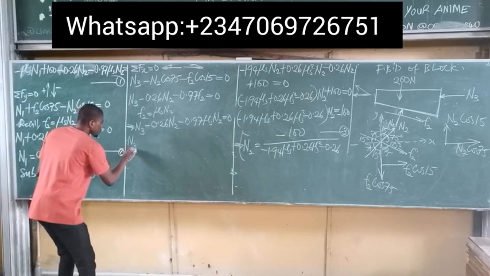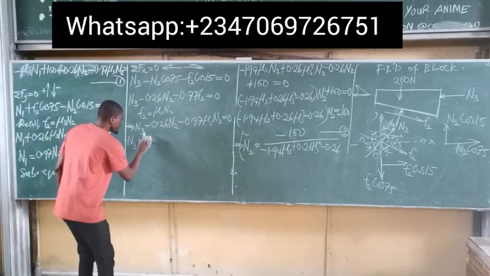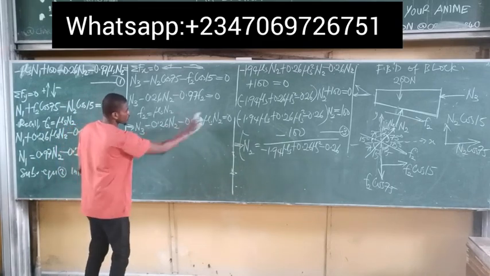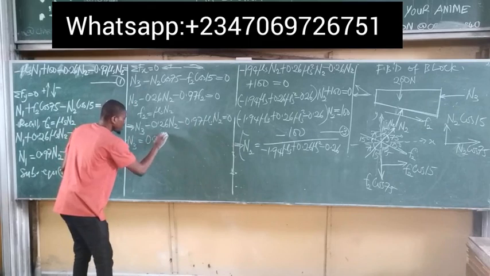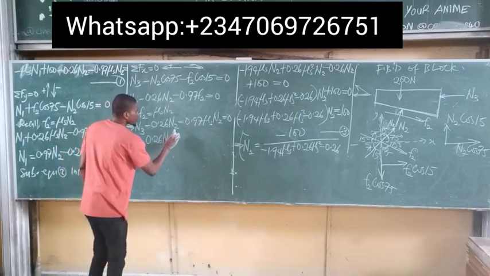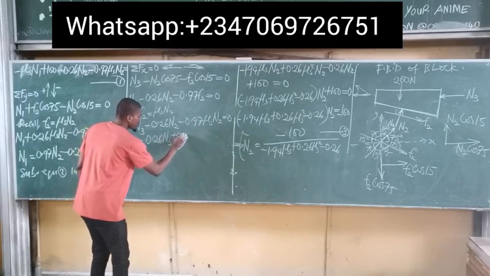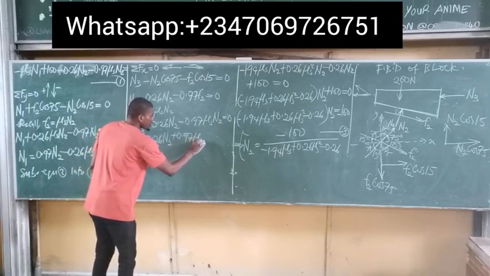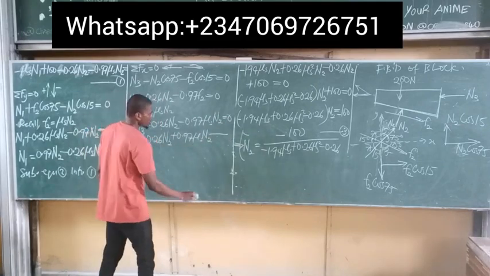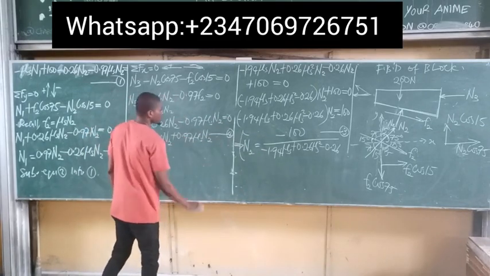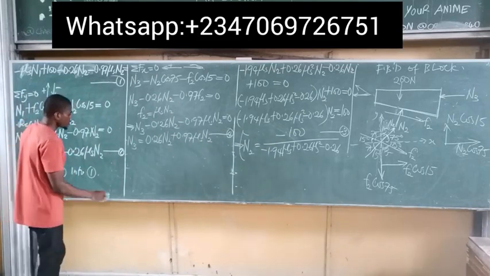Sending everything over to this side, N3 is equal to 0.26 N2 plus 0.97 mu x N2. Call this equation 4. You employ the next equilibrium law.